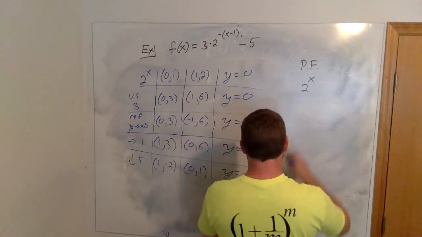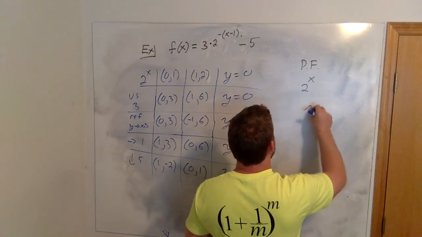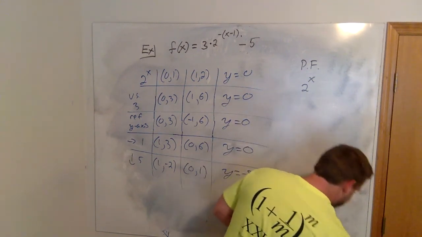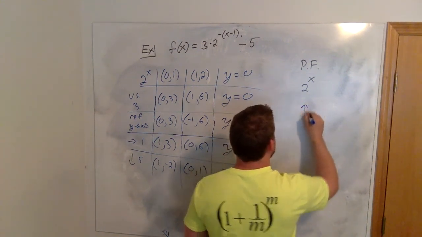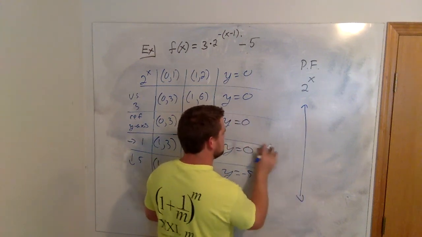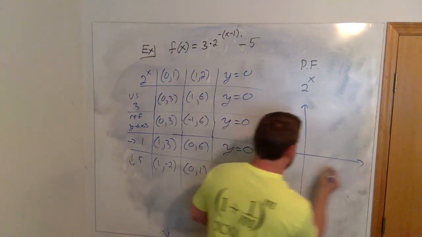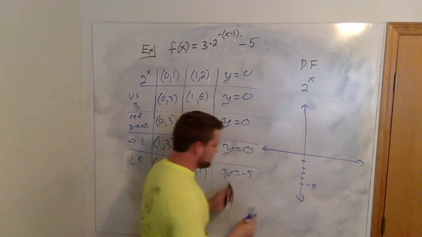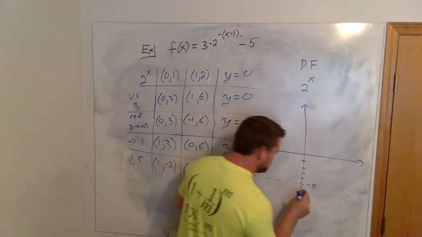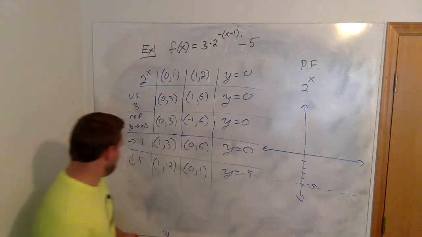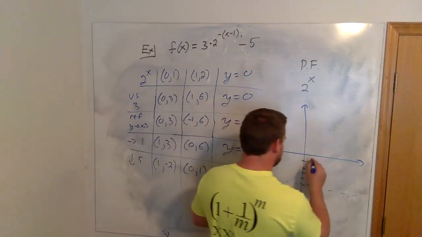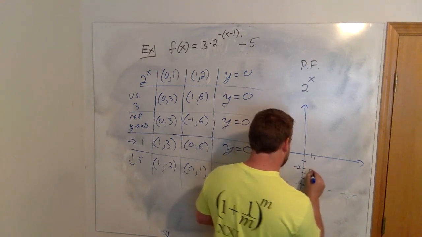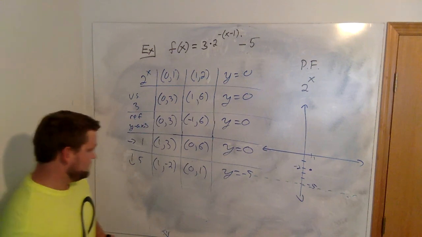So if we're sketching this, do a nice loose sketch. Here's -5. Here's our horizontal asymptote. We have the point 1, -2. So here is 1, and here's -2. And we also have the point 0 and 1.